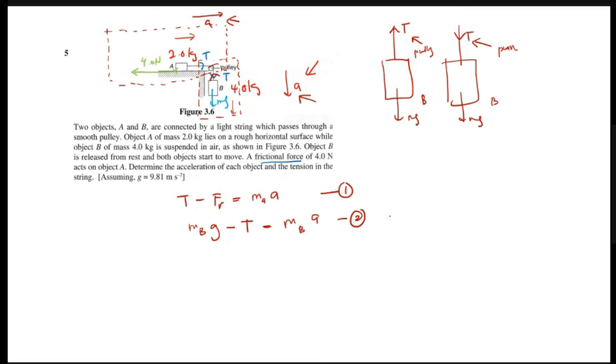If you move T to the right, it becomes mg minus ma. No, because the resultant force is going down. So mg minus T equals ma. Ma is always the same. Remember the resultant force: since it's going down, the weight is stronger than the tension.